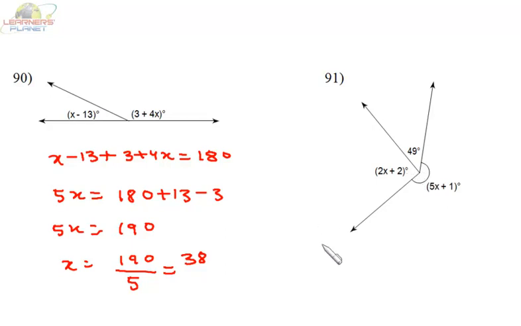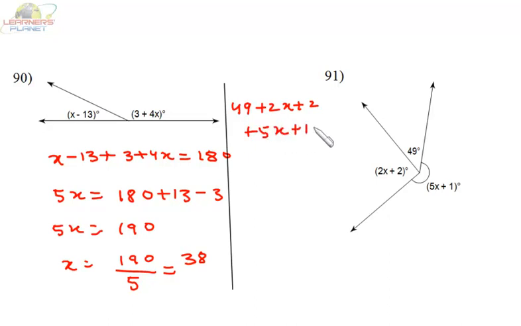Now in this question, the sum of all three will be 360 degree. So let's write the equation over here. It is 49 plus 2x plus 2 plus 5x plus 1 is 360. Now 2x plus 5x is 7x is equal to 360 minus 49 minus 2 minus 1.